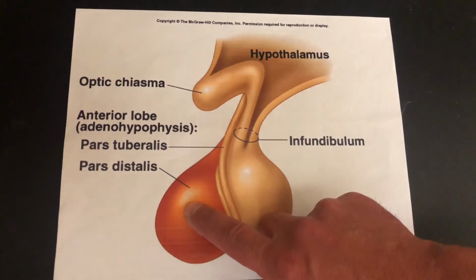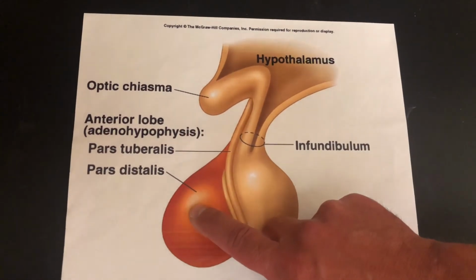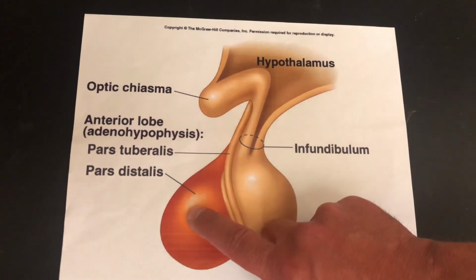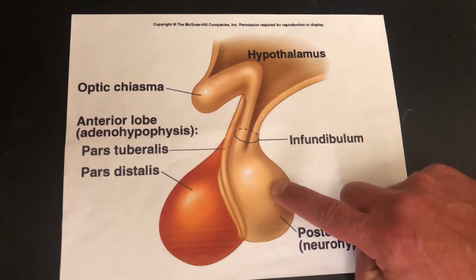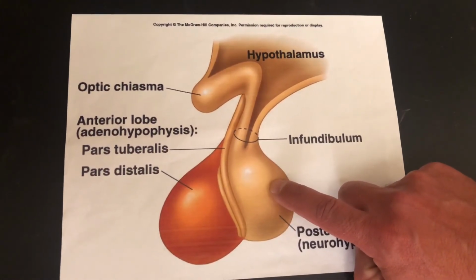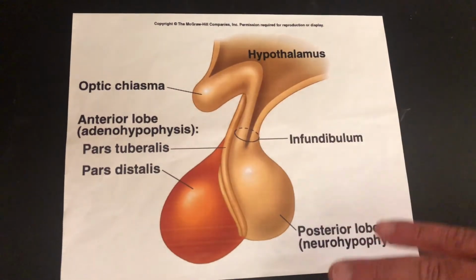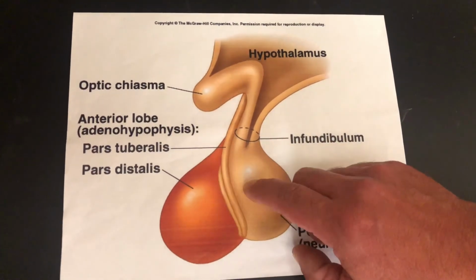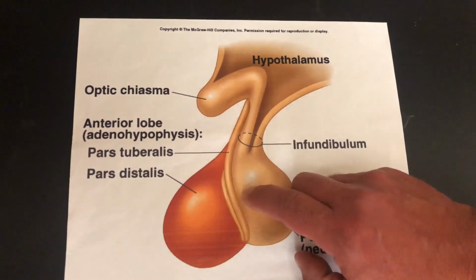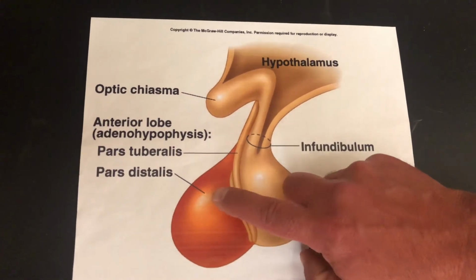Make note that the anterior pituitary gland is larger than the posterior pituitary gland. And when we're in lecture, we'll discuss more about what these two specific regions of our pituitary gland do.